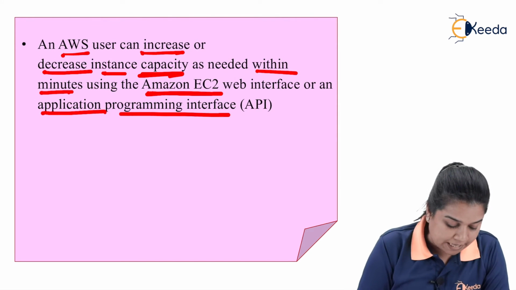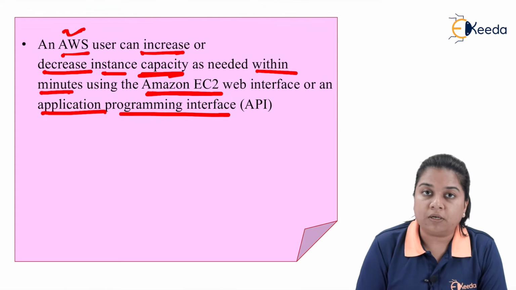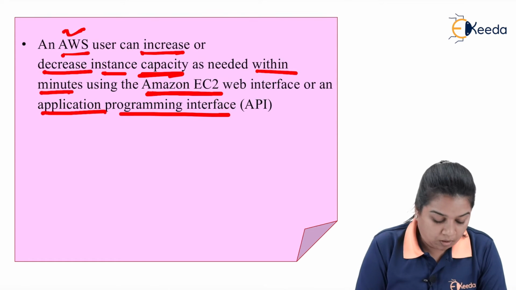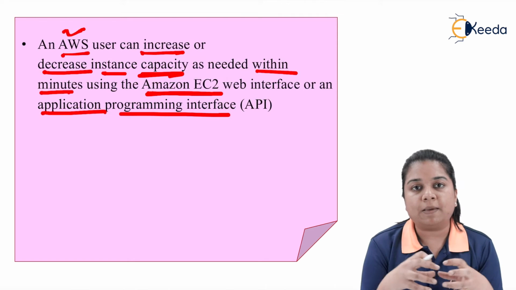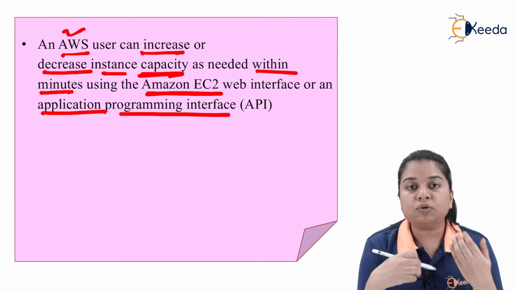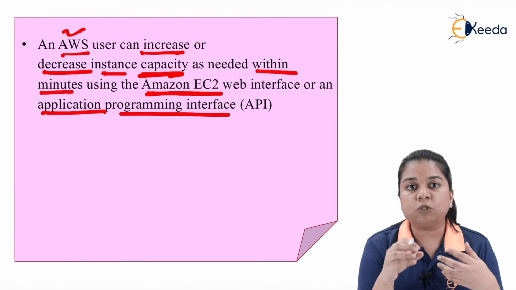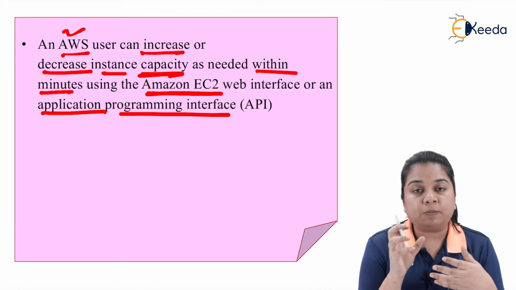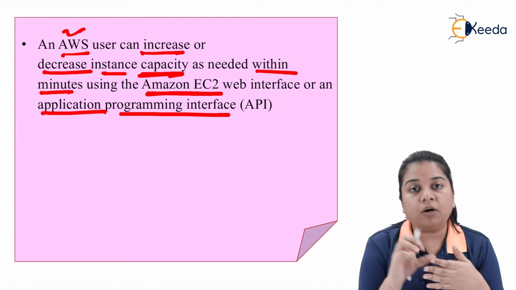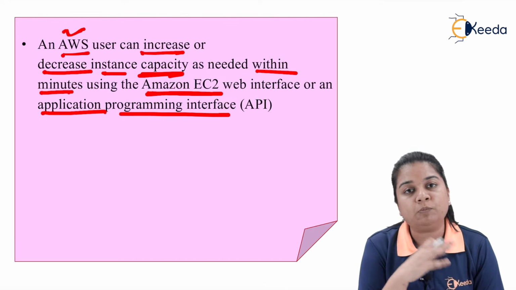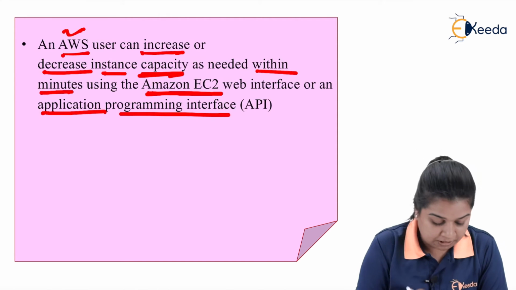See, here it means that an Amazon Web Services user can increase or decrease the instance capacity. That means the usage of the instances, as per the requirement, can increase or decrease. That means the scalability is being provided or the flexibility will be there.